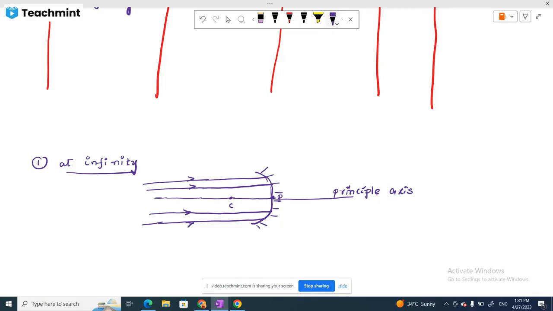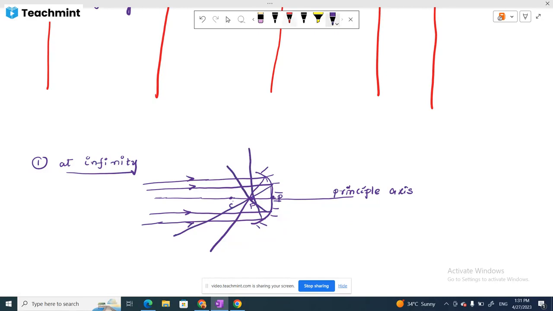You know one of the rules for image formation by spherical mirrors: if all rays are parallel to the principal axis, after reflection they pass through the focus. The focus is exactly the midpoint of the center of curvature and the pole. This is the first incident ray, and after reflection it passes through the focus, and likewise for the other rays. These are all reflected rays.